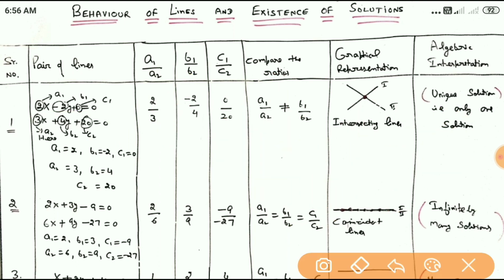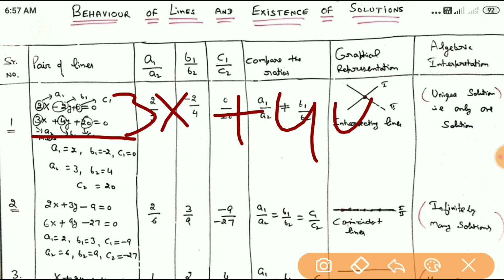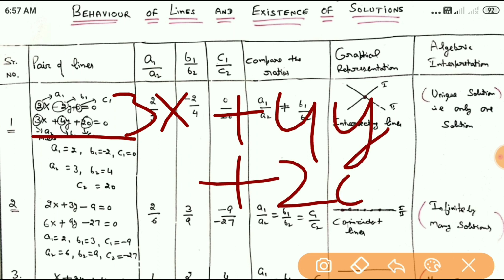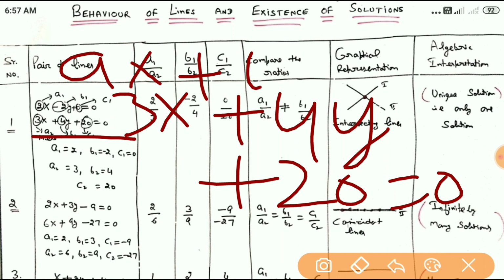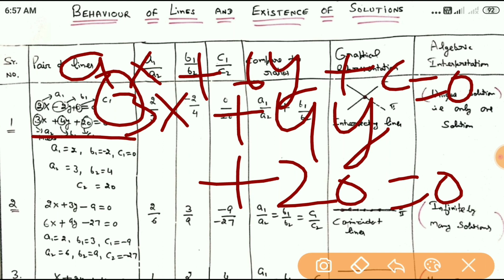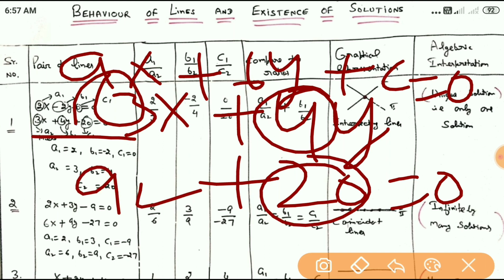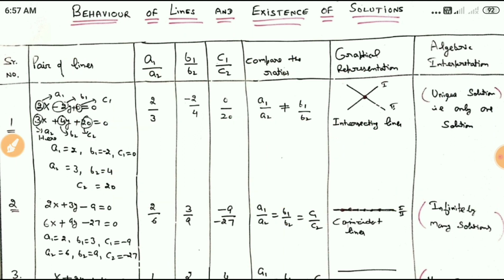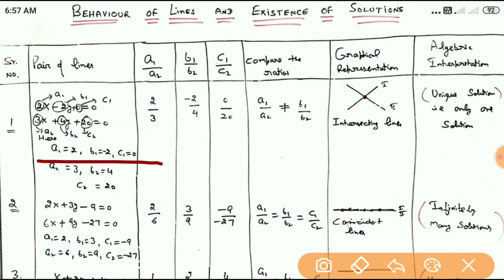And the second line is 3x plus 4y plus 20 equal to 0. The general form of a line is ax plus by plus c equal to 0. Here this is a2, this is b2 and this is c2. Here a1 b1 c1, a2 b2 c2.